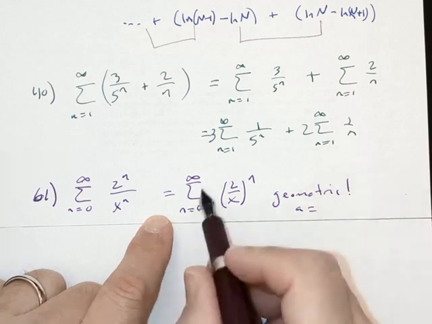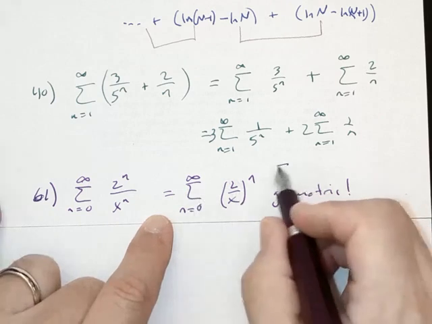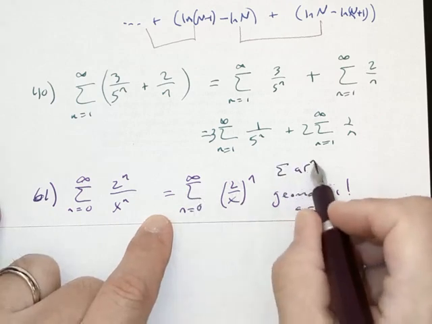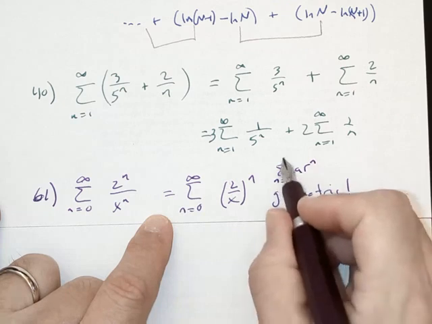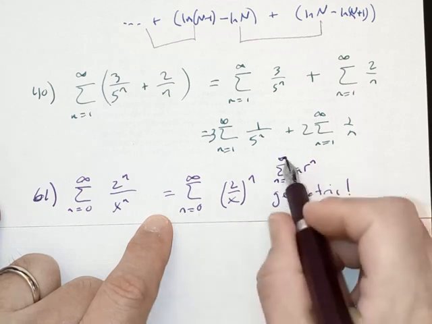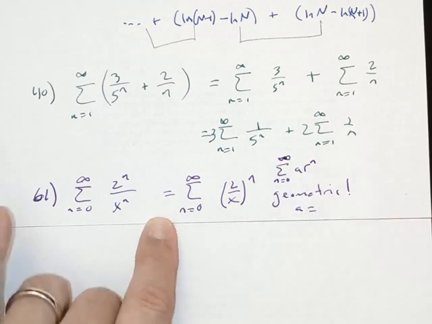Oh, wait a second. Because it's starting at 0, my geometric stuff looks like A R to the n.